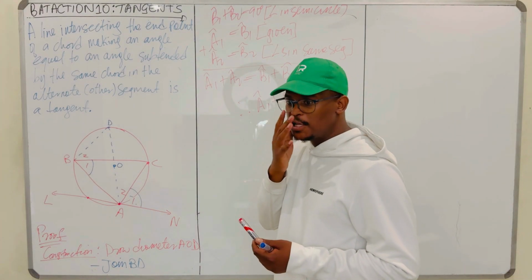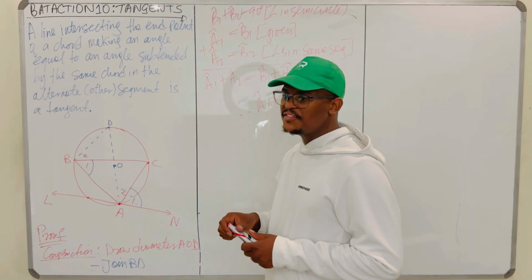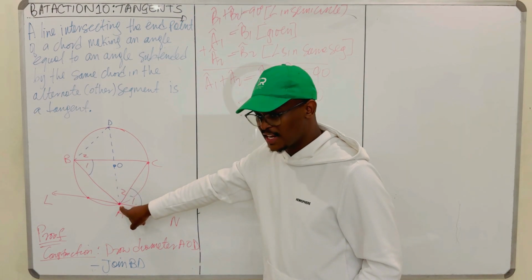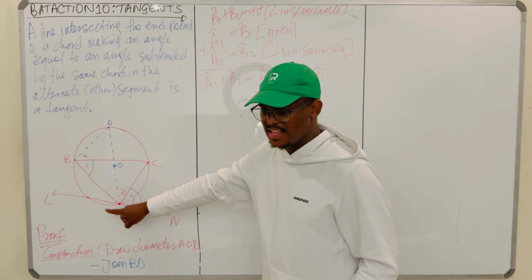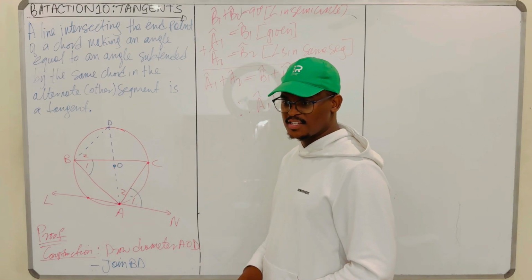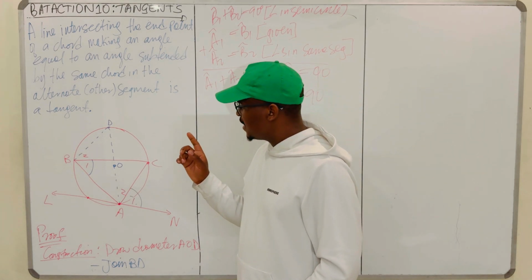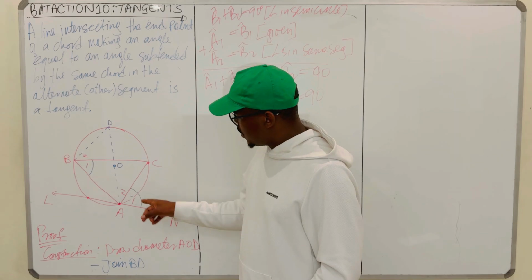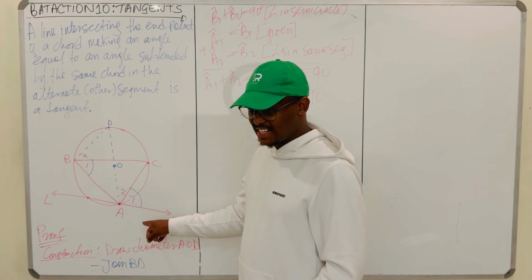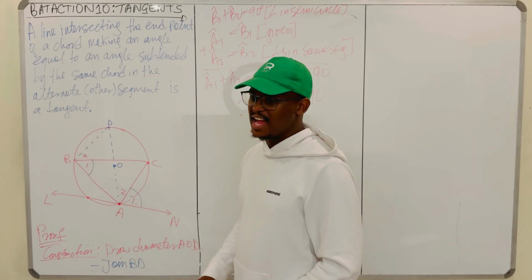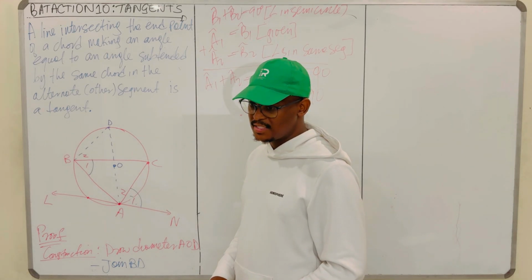We said in theorem 2b, if the angle between a line and the radius at the point of contact is 90 degrees, then that line is a tangent.